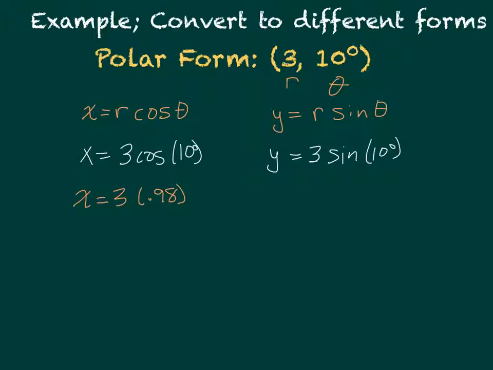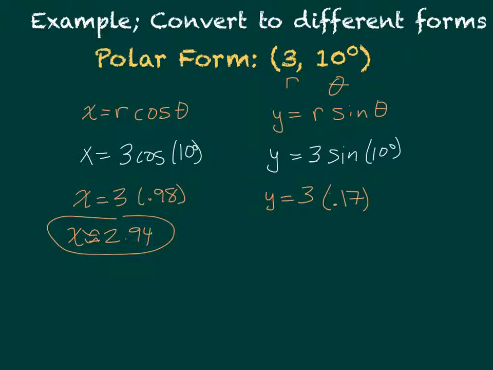So our x is going to equal 3 times 0.98, which is about 2.94. So that is my x coordinate, roughly. And my y coordinate is going to be equal to 3 times the sine of 10 degrees, which is going to give me about 0.17.